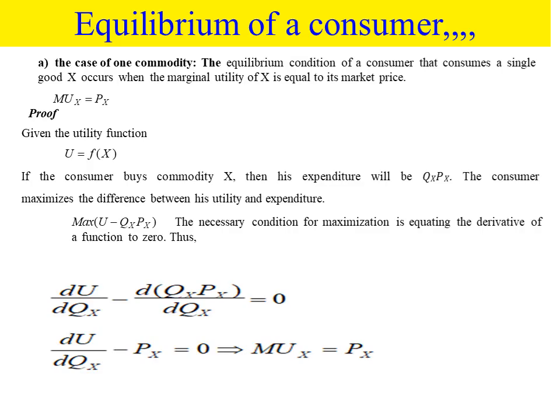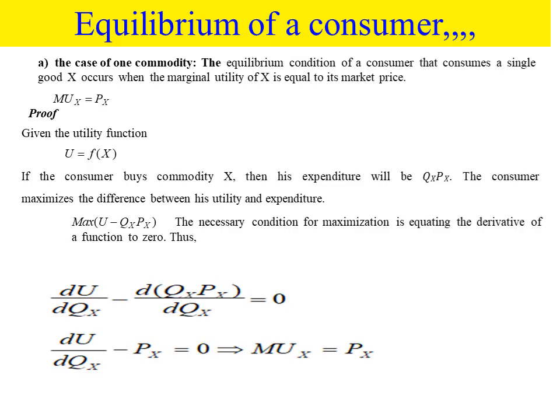If the consumer buys commodity X, then his expenditure will be quantity of X times the price of X. The consumer maximizes the difference between his utility and his expenditure. The maximum utility we can get is the difference between our utility minus its expenditure. The necessary condition for maximization is equating the derivative of the function to 0.